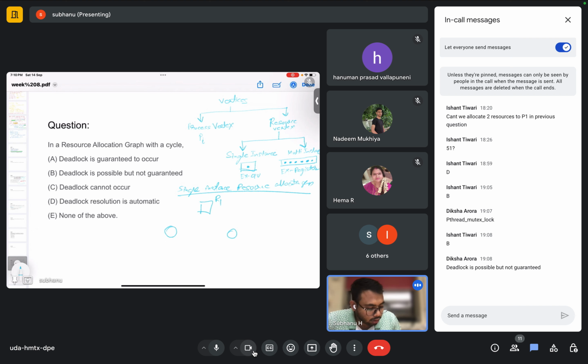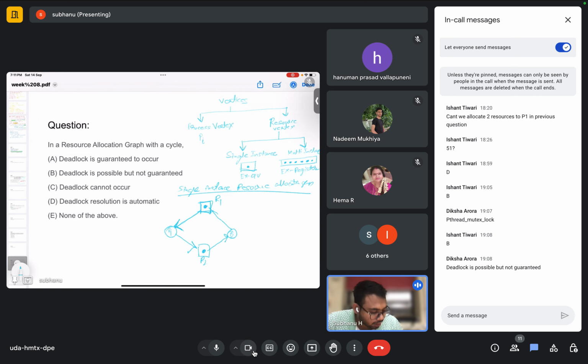P1, P2, resource R2. So you can see here that this means P1 is requesting the item R1, and P1 is requesting the item R2.